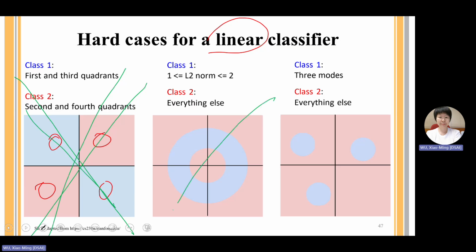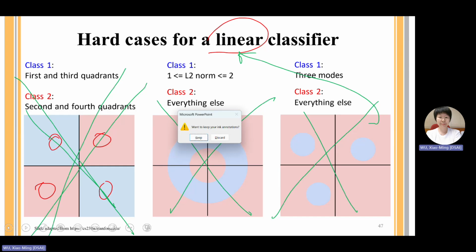Similarly for this data, can you do so? That's the fundamental limitation of linear classifiers: they cannot handle complex nonlinear structure.